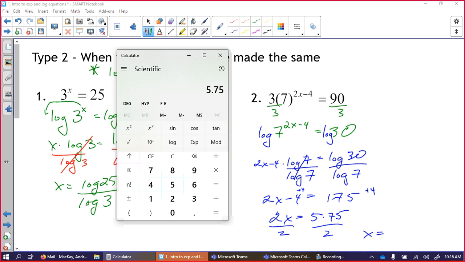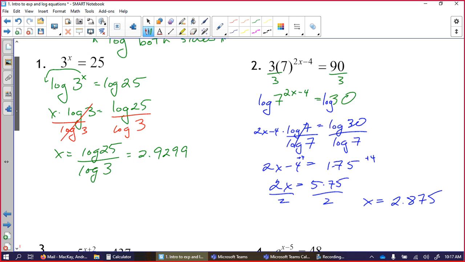Divided by 2, 2.875-ish. Because we know when we do that step, we actually get irrational stuff. 2.875 times 2 minus 4 is that. 7 to the power of 1.75 is that, times 3. Because of that rounding, everything is kosher.